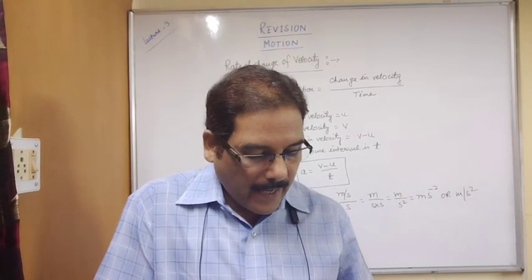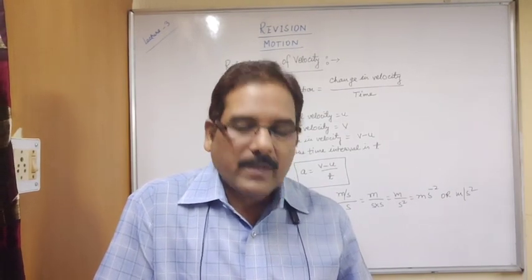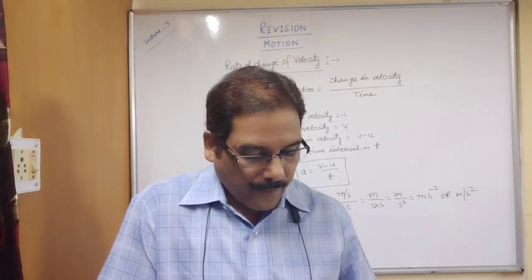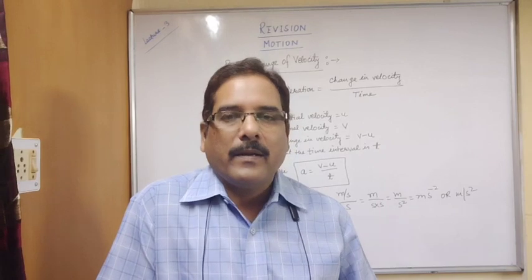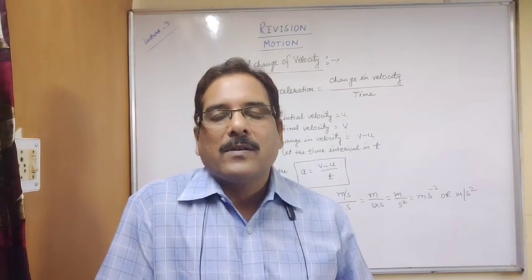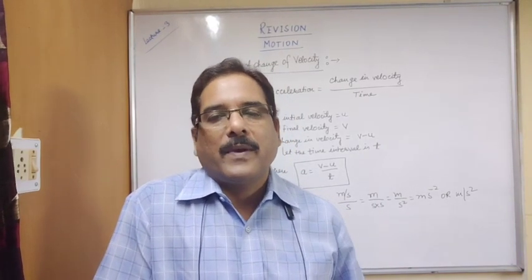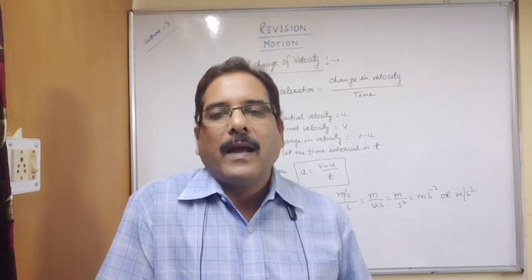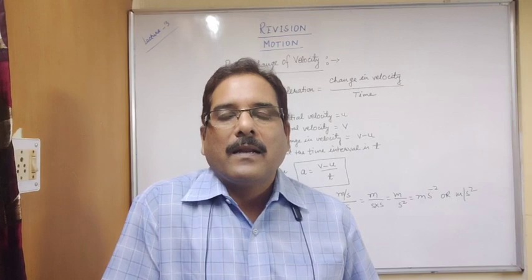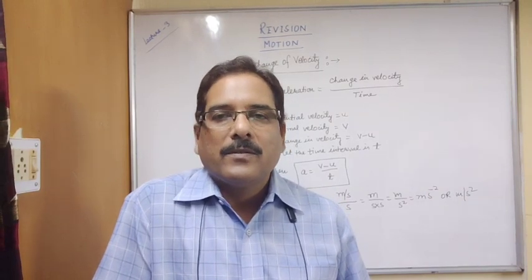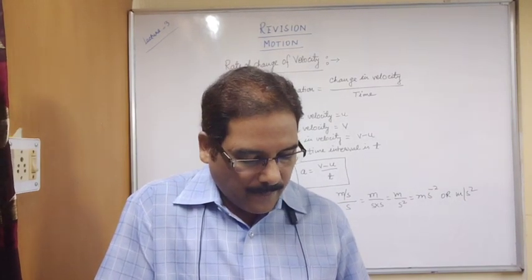On the other hand, an object can travel with non-uniform acceleration if its velocity changes at a non-uniform rate. It means the change in velocity is not fixed with respect to time. It is different at different intervals of time. Then acceleration is not uniform. It is called non-uniform acceleration.